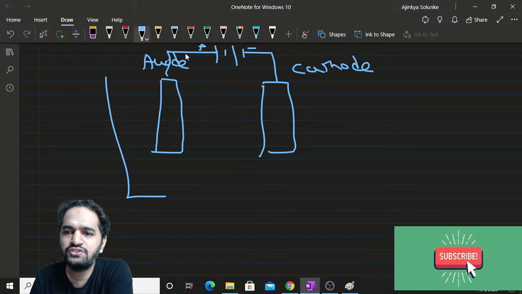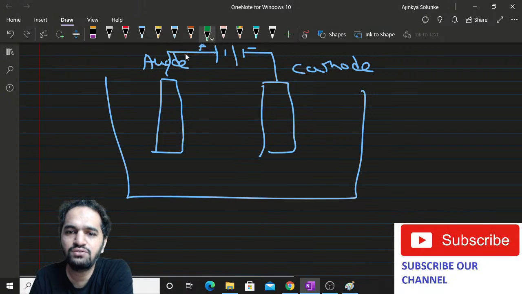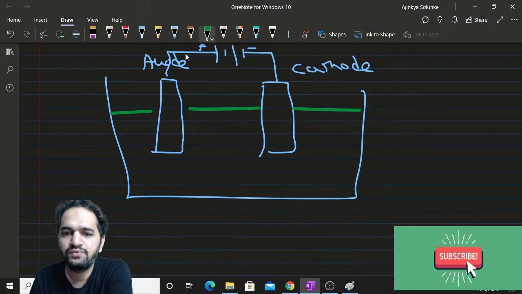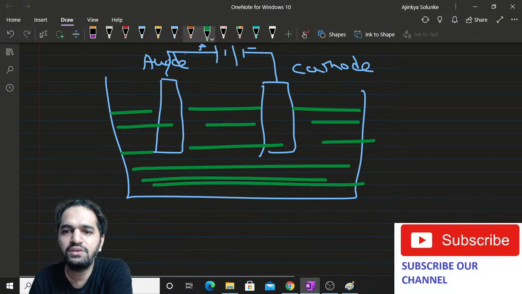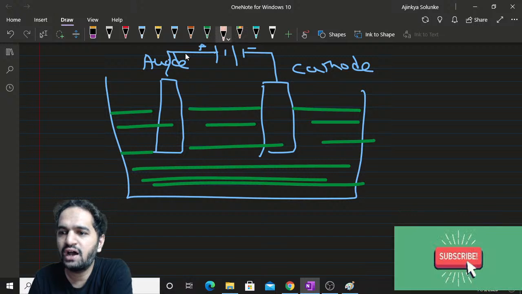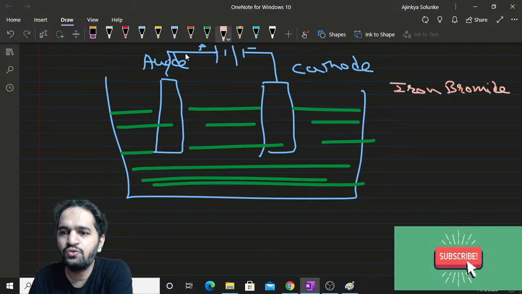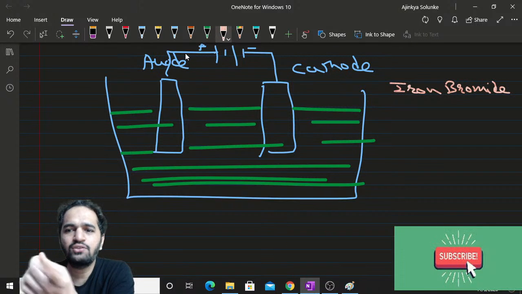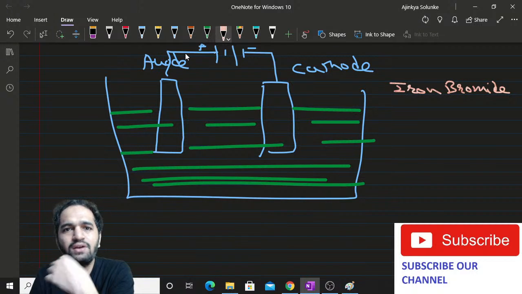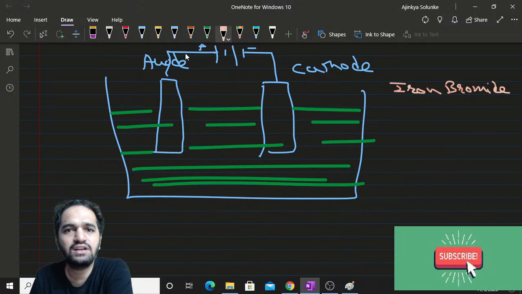In our example, iron bromide, who deposited at the cathode? The cathode is negatively charged, so it is going to attract positively charged particles, and those are nothing but iron.